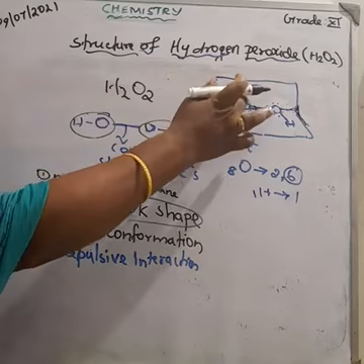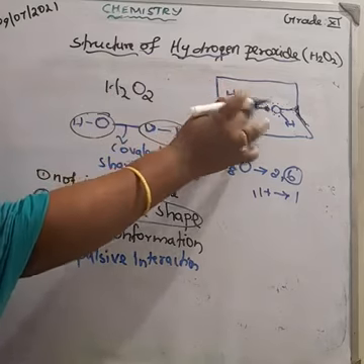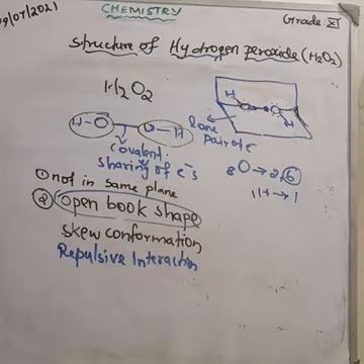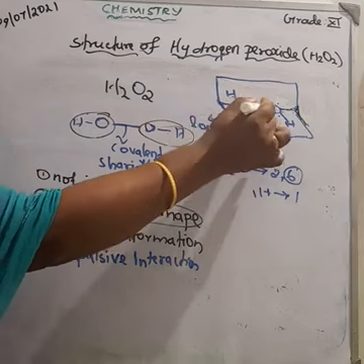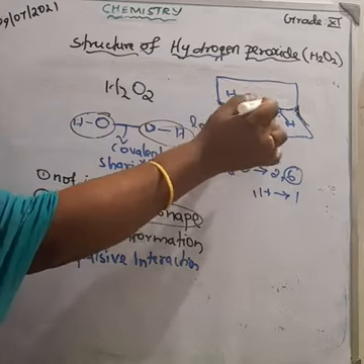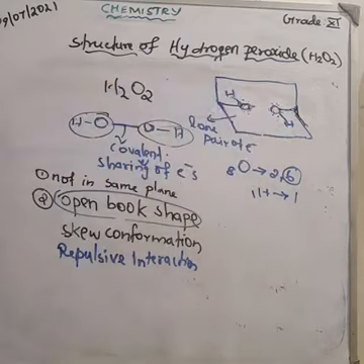So here the same charges are present: 4 extra electrons here, and on this oxygen also 4 extra electrons. It is an electron-rich compound, so they always repel each other, because here 4 electrons are extra and here also 4 electrons are extra. Because of this, these two atoms repel each other.